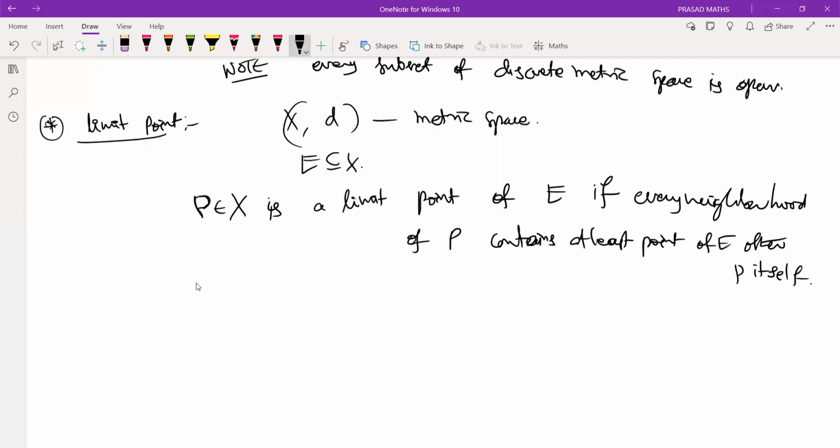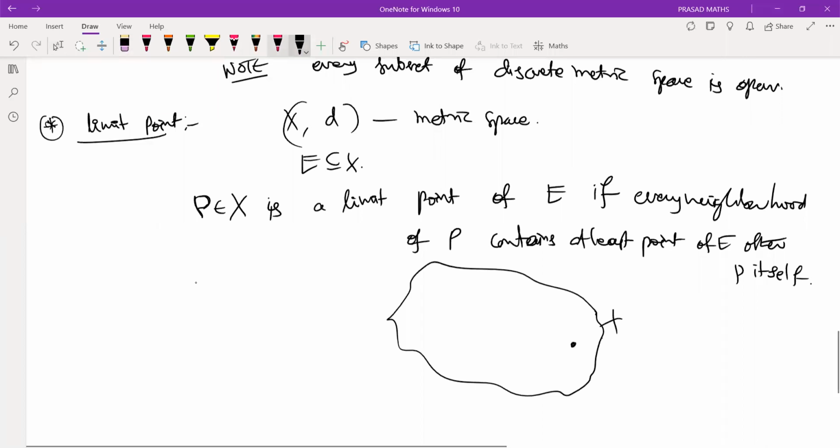That means you take any neighborhood. This is my metric space. Suppose you take this, this is my set E. Question: suppose you take this point, is it a limit point?